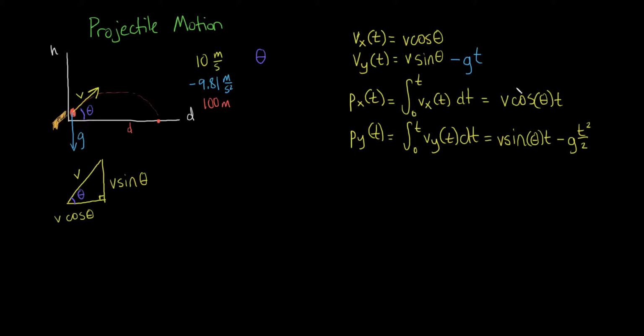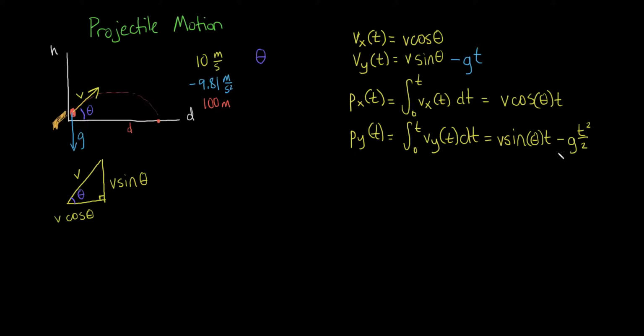V cosine of theta t, that's the x component, which makes sense. We're linearly going forward. And then we have this y, v sine of theta t minus gt squared over 2. Again, we could say plus a constant of integration, but we're assuming we're starting on the ground, so we don't need the constant of integration in this case. Now this is a parabola, some kind of quadratic.